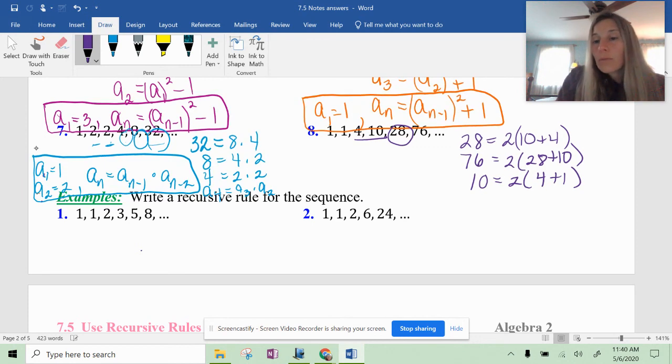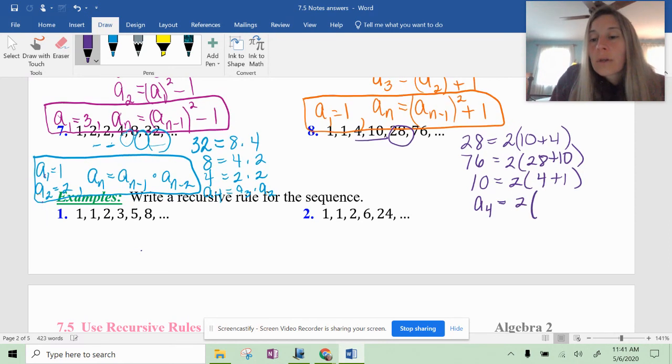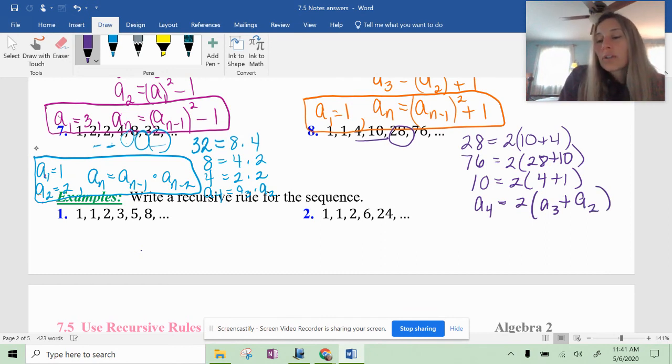So now whichever combination of numbers you use, label it out according to number of term. So since I have 10, that's my fourth term. And then I had to do my third term plus my second term, and then I doubled it, which is just times 2.